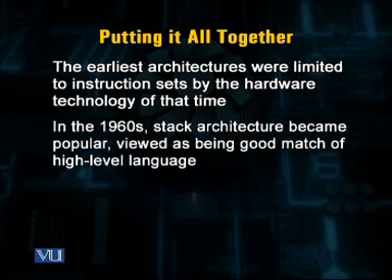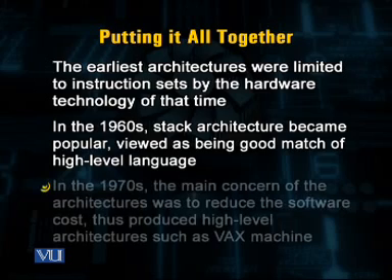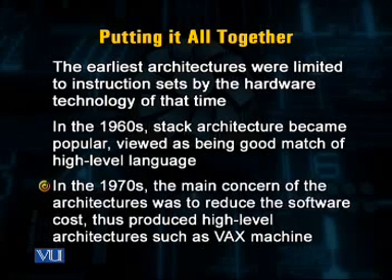In 1960, stack architecture became popular because it was viewed as a good match for high-level language. Further developments in 1970: the main concern of the architecture was to reduce the software cost, thus producing high-level architecture such as the VAX machine.